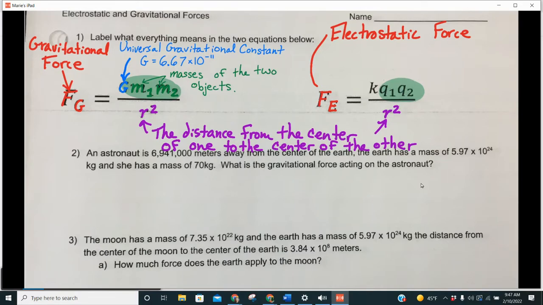So when you think electrostatics, you're going to think positives and negatives, and are they attracting or repelling, and how strongly are they attracting or repelling one another. The K, instead of having a universal gravitational constant, this K is actually called Coulomb's constant.